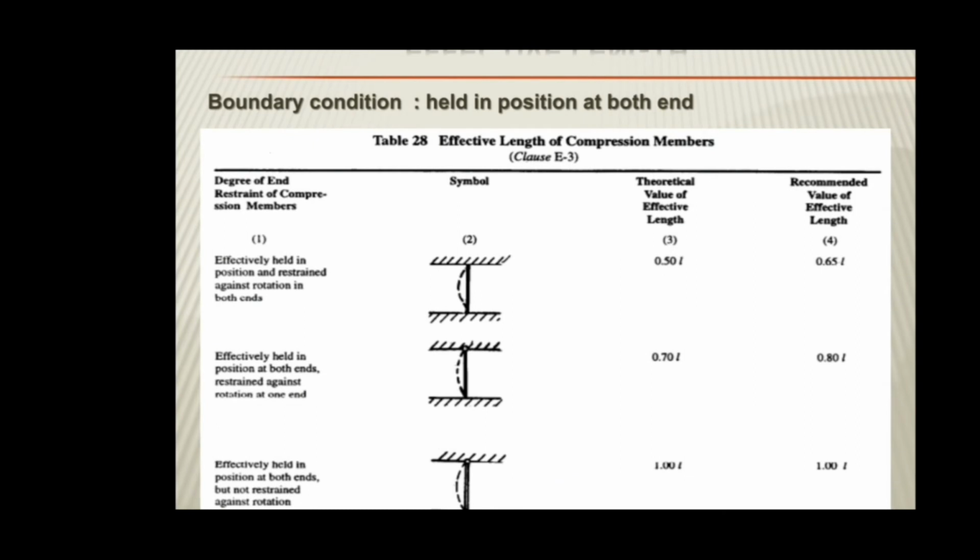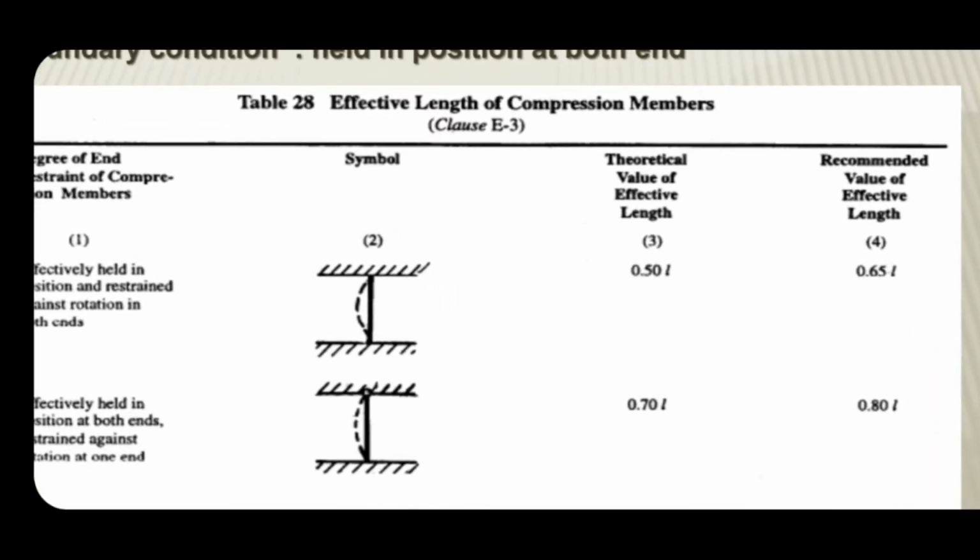In this, the first column represents the boundary condition. The second column gives the symbol which helps us to understand the boundary condition better. Third and fourth columns give the theoretical and recommended values of effective lengths respectively.